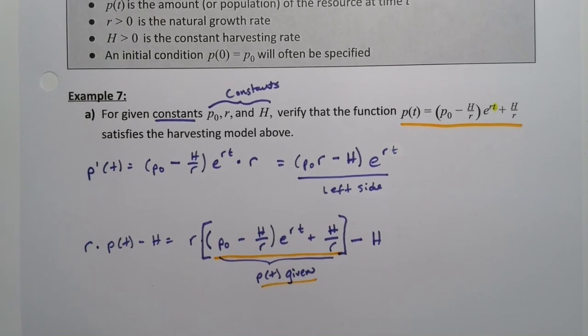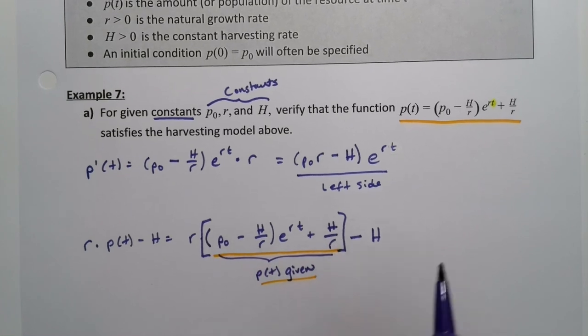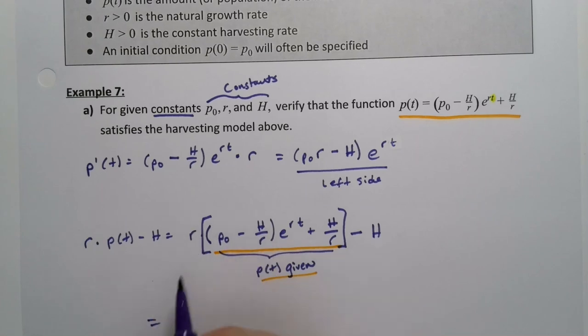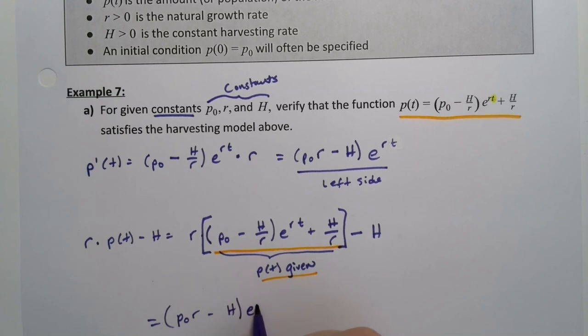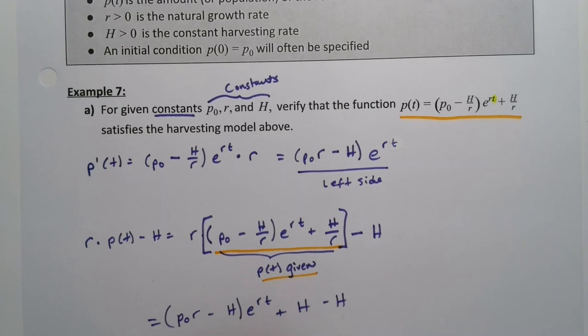All right, now let's distribute R into each of these pieces. So R going to this H over R will just make H. R going into this will make it (P0R minus H) e to the RT plus H minus H, which is in fact (P0R minus H) e to the RT. So this is the right side.